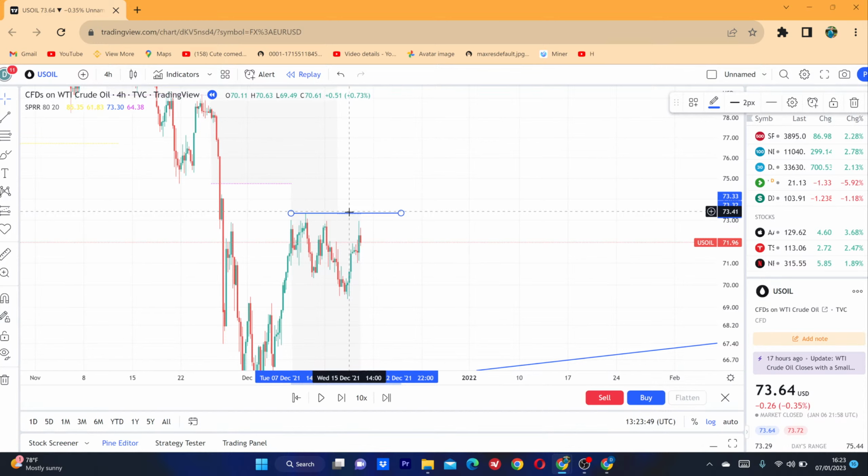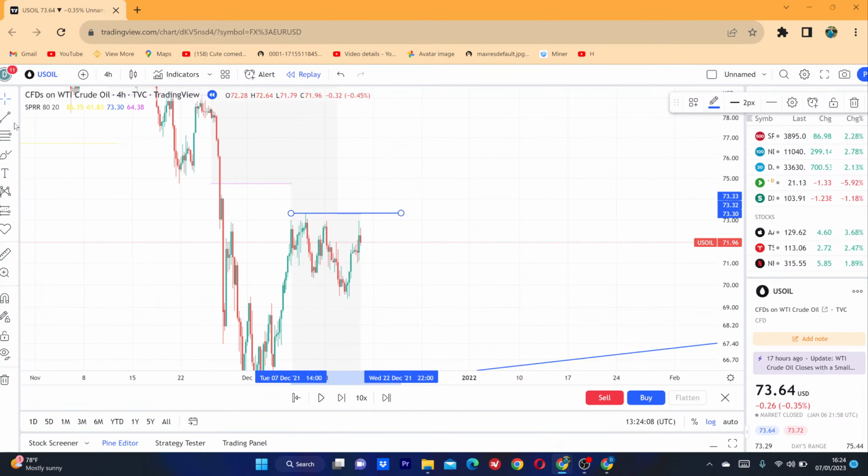When it reaches this level, what I identify is the candlestick pattern, to see whether I'm going to identify the reversal or the breakout, so that I do not get caught by the false breakout.